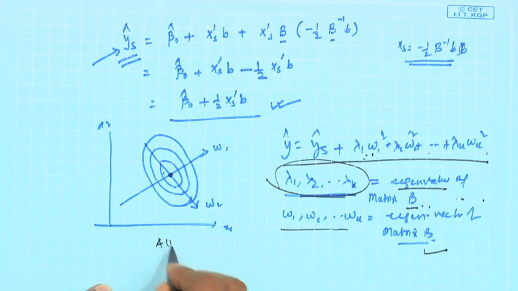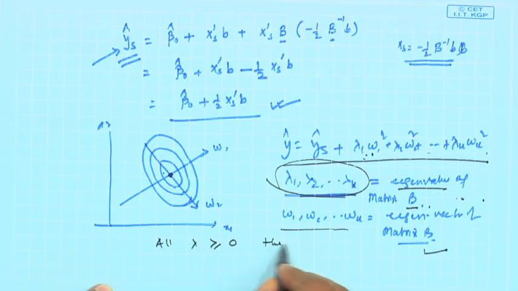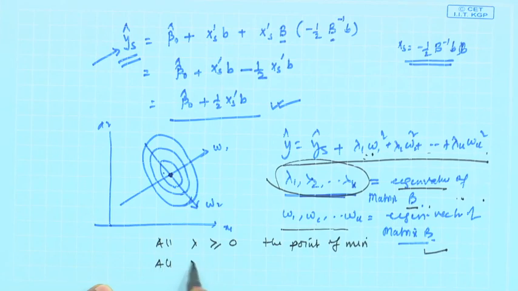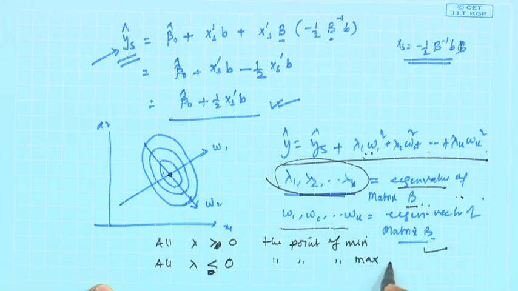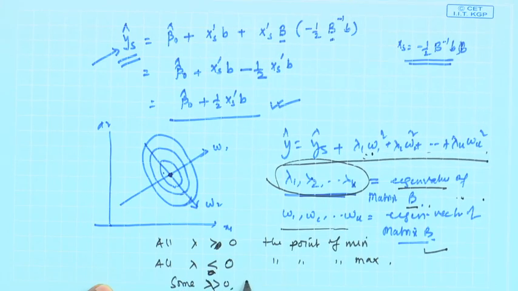If all lambda are greater than 0, then it is a point of minimum. If all lambda are less than 0, this is a point of maximum. And if some lambda are greater than 0 and others less than 0, then this is a saddle point.